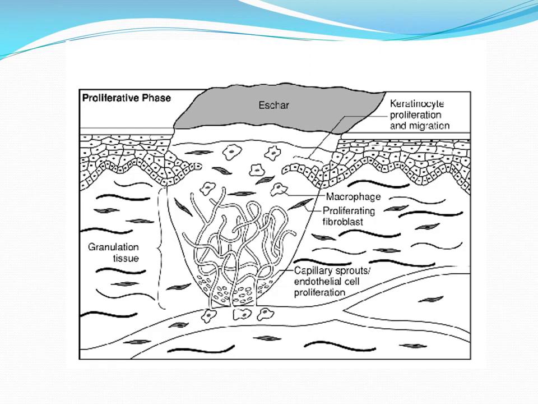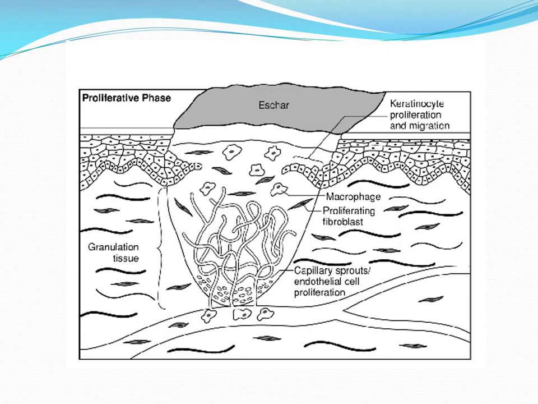As we know from the inflammatory phase, the eschar, or the cap, was covering our wound and protecting it from water or any fluids from entering into the wound and from bacterial invasion.